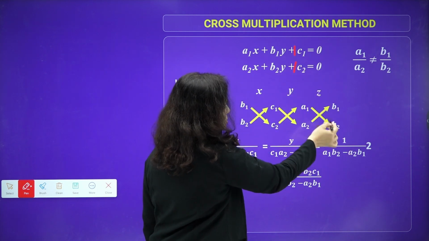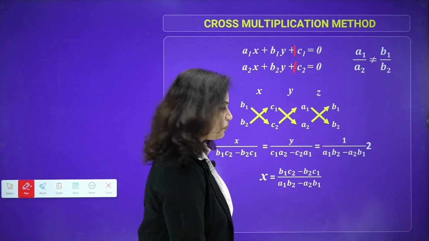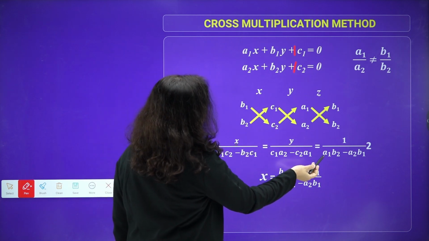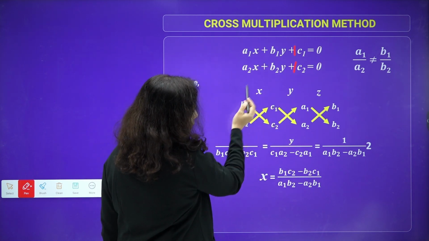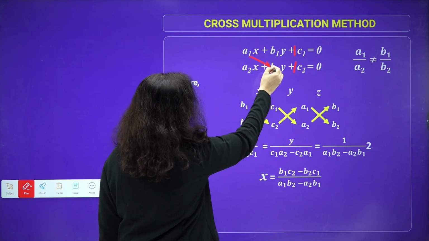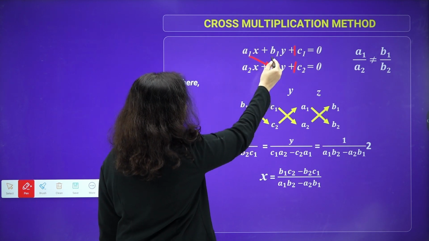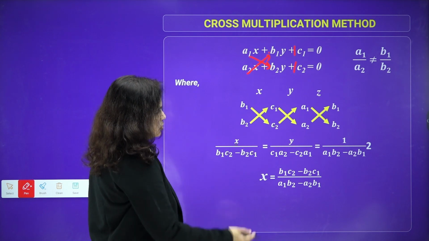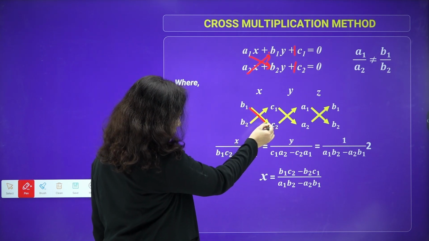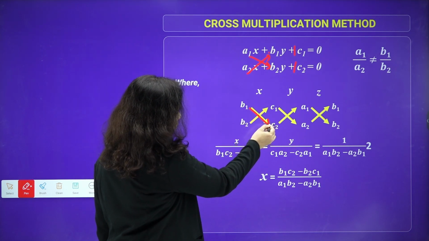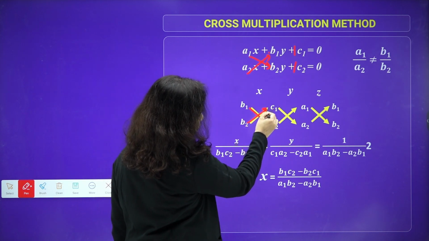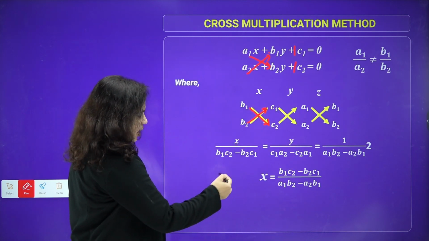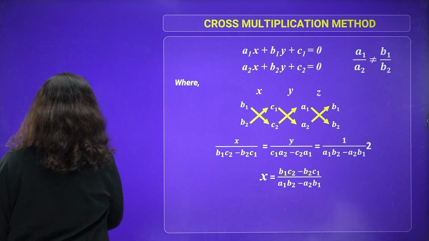So in place of the constant term in the numerator, I'll write 1 and again multiply in the same way, A1 into B2 from the top to bottom first and then from the bottom to top. So please remember this pattern, top to bottom and then bottom to top. After simplifying, how do we find the value of x?